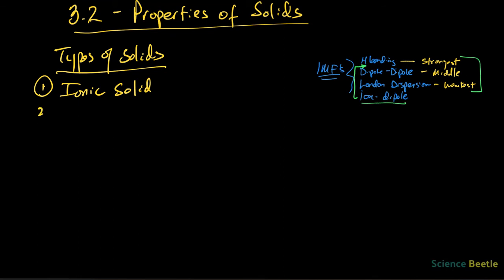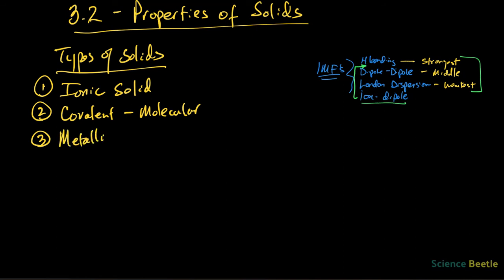We had a covalent, or rather here, the better word to use is molecular solid. Then we also had the third, which was going to be the metallic bonding, or the metallic solid. And then the fourth one here was going to be the covalent network.